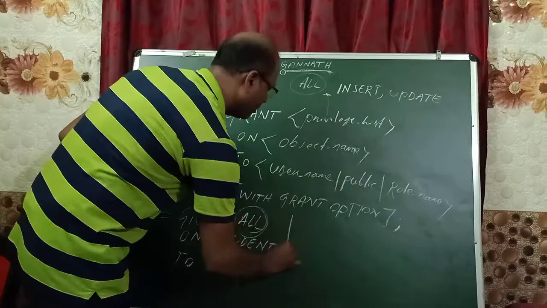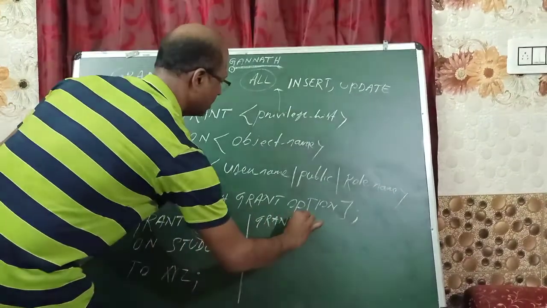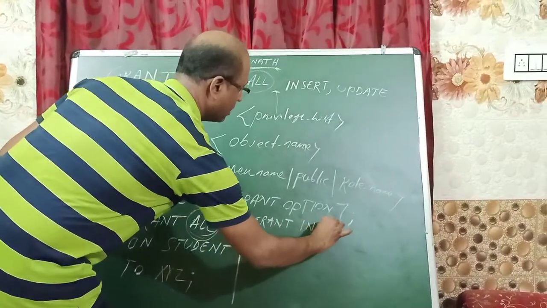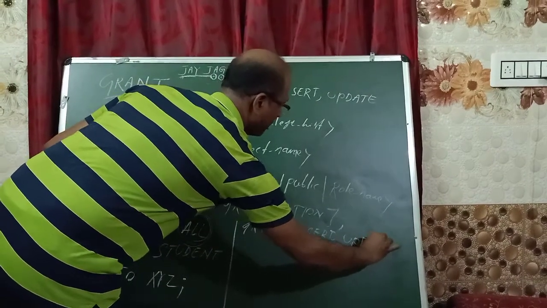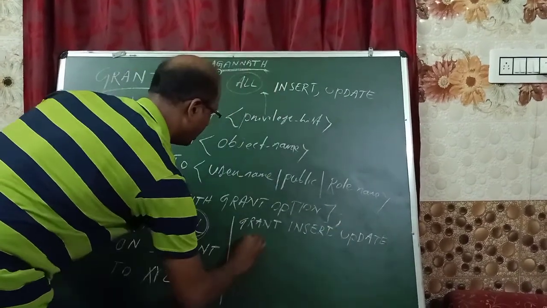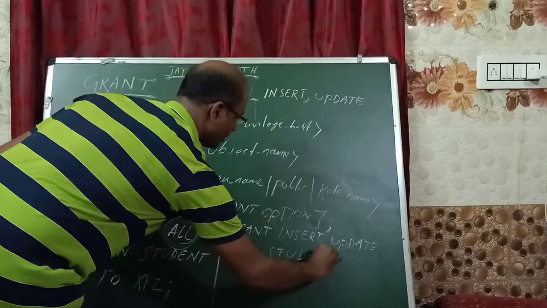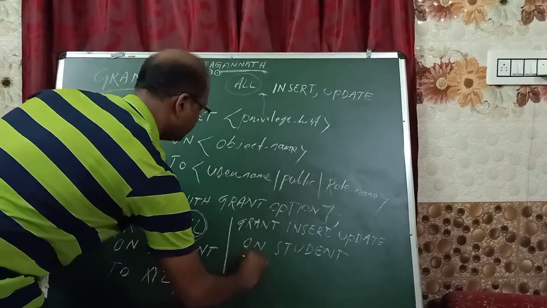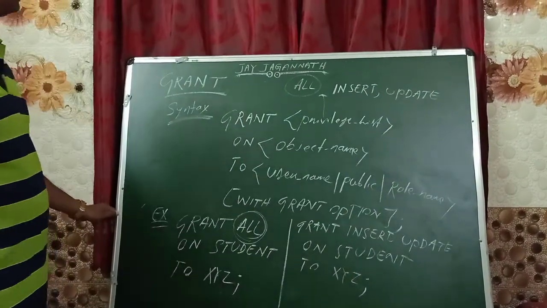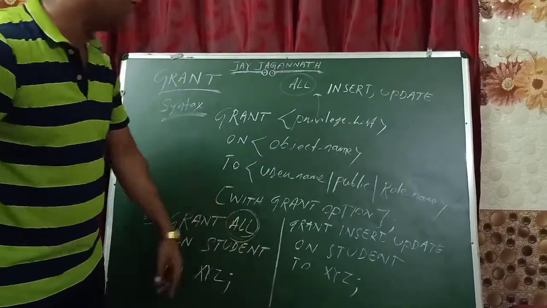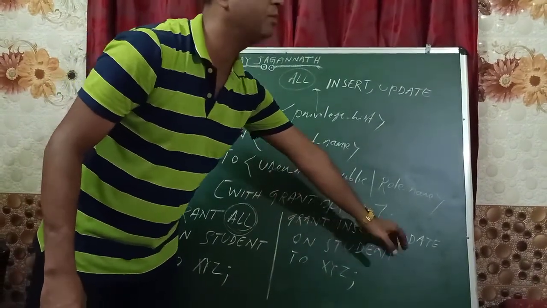Or individually we can write grant insert, update on student to XYZ. So instead of using all, here we provide only the insert permission and update permission.